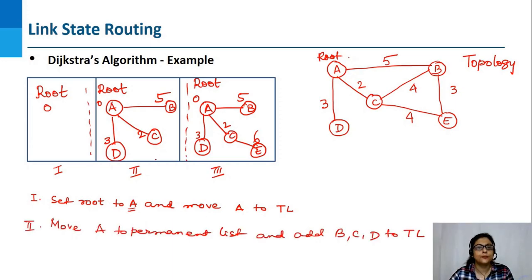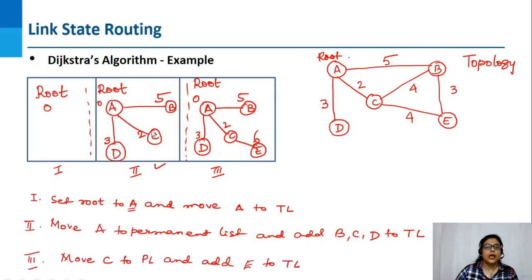In the second step, we move A to the permanent list and add B, C, D, which are directly connected to A, as neighbors to the tentative list. After that, the one having the shortest path or least cost, which is C, we move to the permanent list and add E to the tentative list.